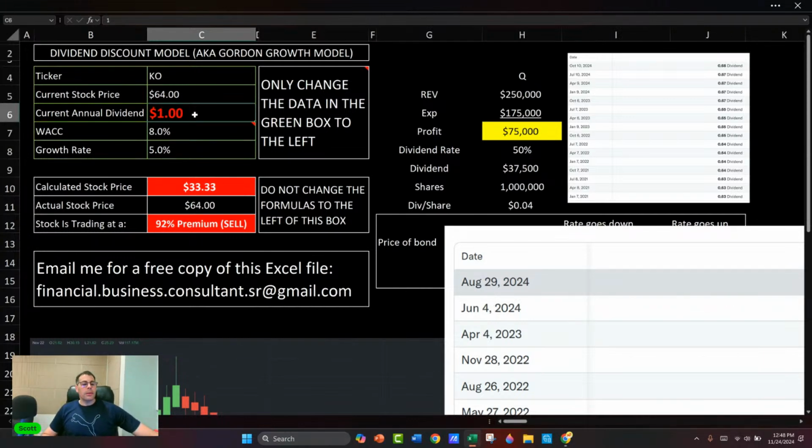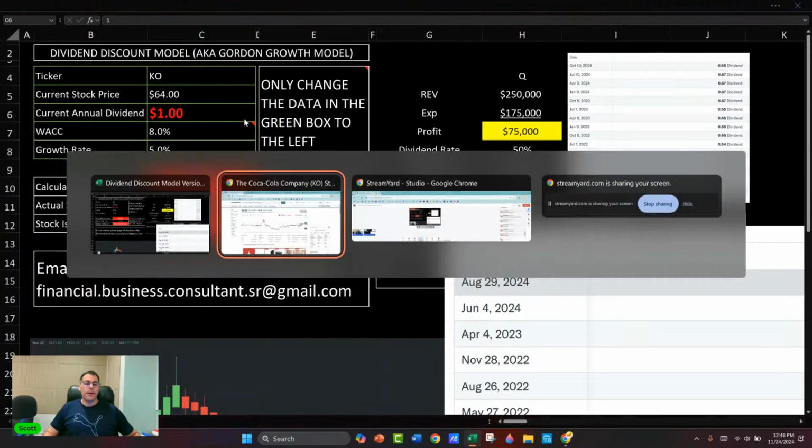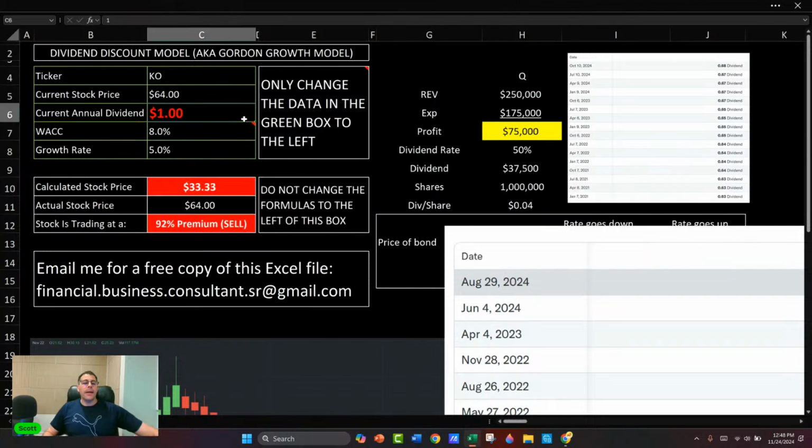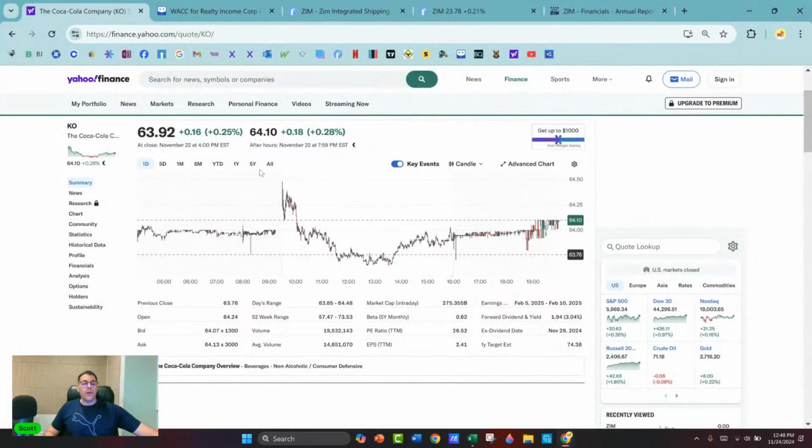Because, like I said, this is not a good example with Coca-Cola, but if they did pay a $1 dividend and you calculate $33 of stock price, that doesn't mean you should not buy it. You should look at other things.